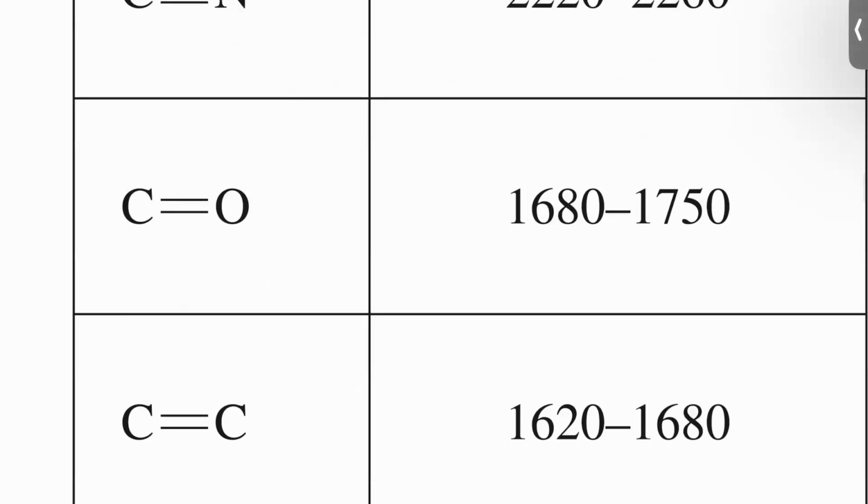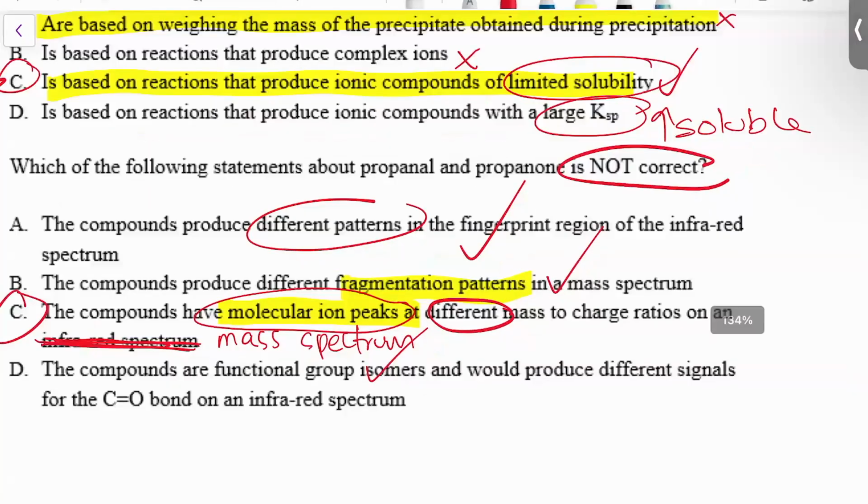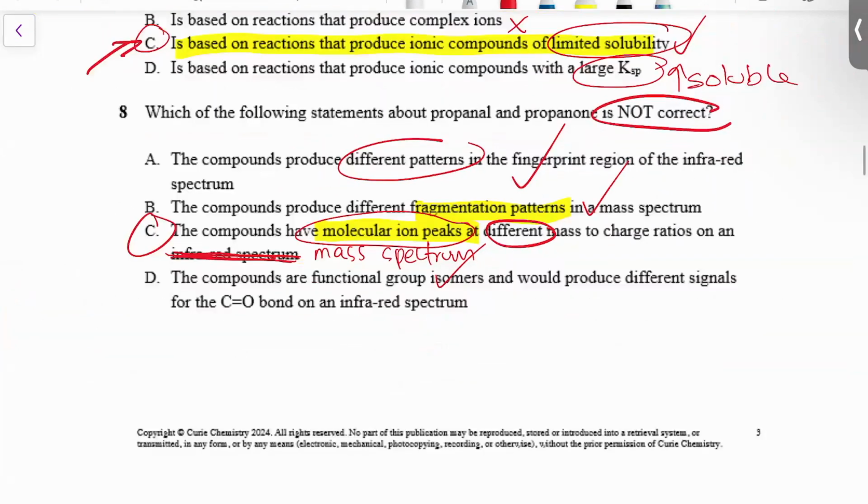It just says as long as there's a COO bond, it's going to show up here. So even though they're functional group isomers, the infrared spectrum doesn't distinguish between an aldehyde functional group and a ketone functional group. It just sees the bond as the same thing. So it would actually just produce the same signal.